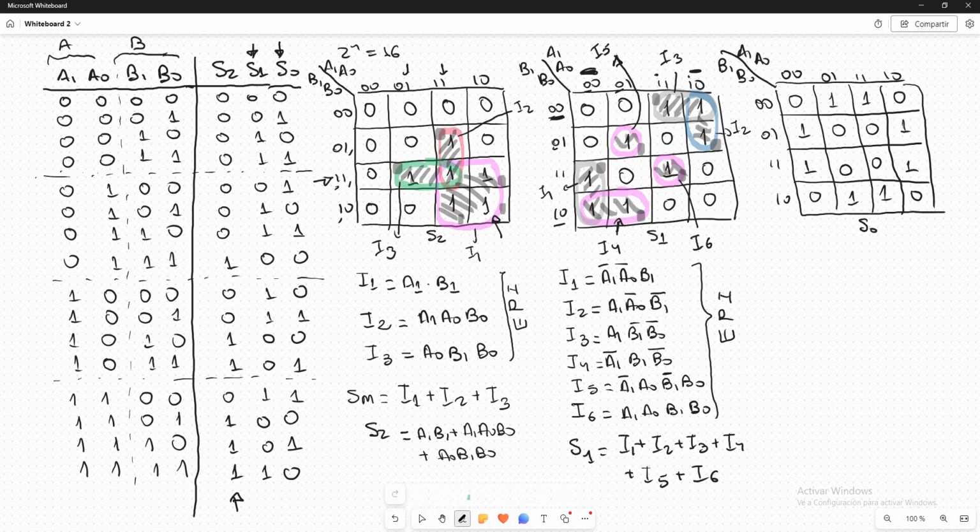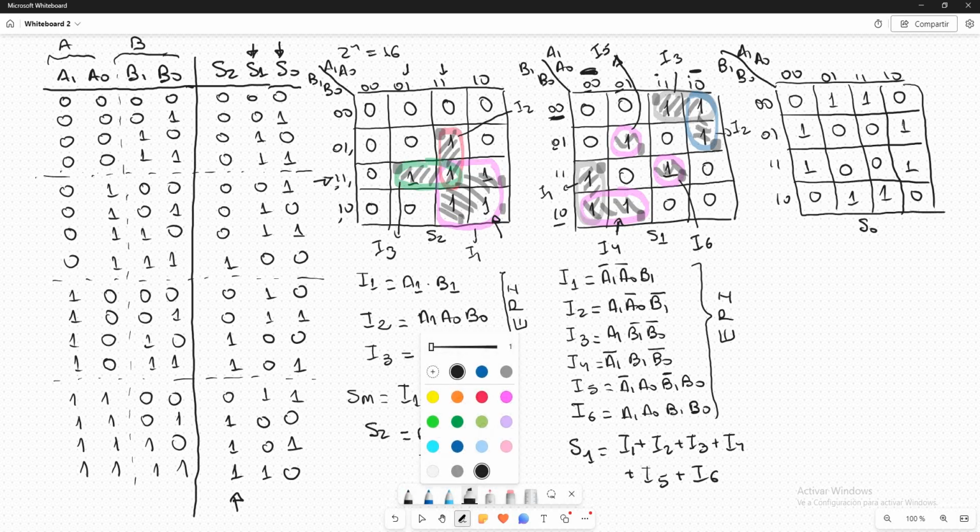And finally, we solve the last map. In this case, we can group the ones like this. Remember that we can wrap the Karnaugh map horizontally and vertically.